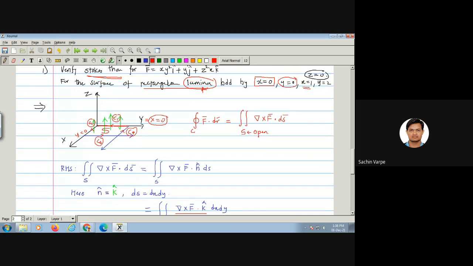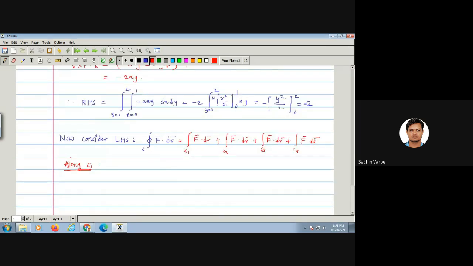The x component is 0, so accordingly dx will also be 0. So I'm writing here, along C1, x is equal to 0, dx is equal to 0. And what are the limits of y there? y varies from 0 to 2.